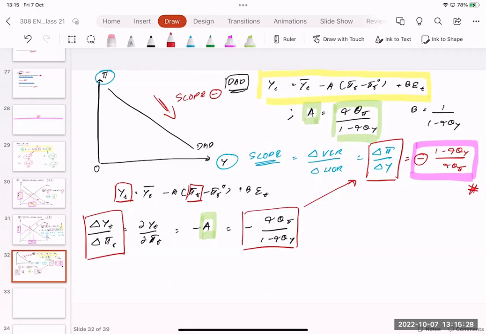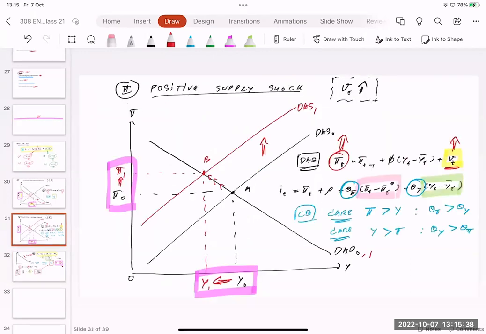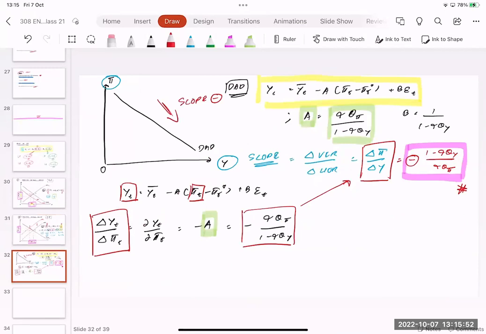So, after we know the slope, you can see that you have theta y and theta pi in the slope, right? It means that when the central bank cares about the inflation problem more than the economic problem, or the economic problem more than the inflation problem, when theta pi and theta y are not equal, one being greater than the other is going to affect the slope of the DAD curve directly.